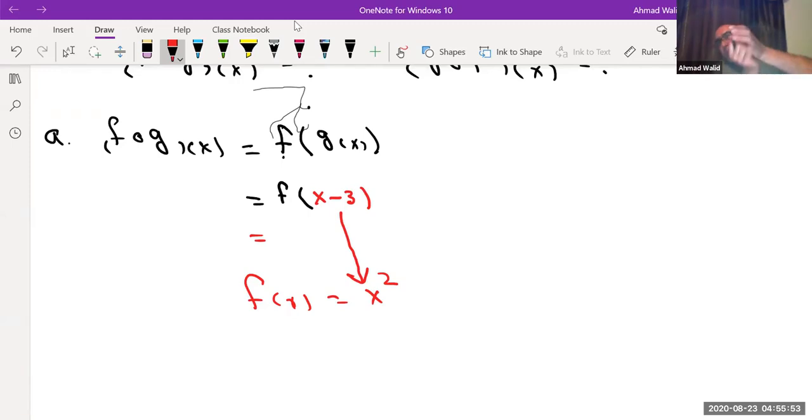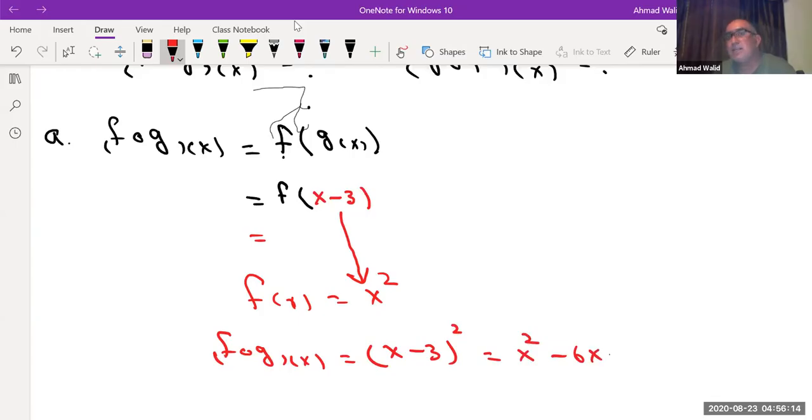The only place that you can plug in is in the variable of f, right? Then you can write f of g of x actually equals x minus 3 squared, which means x squared minus 6x plus 9. I will not show you how I found this answer. Everyone knows what x minus 3 squared is. That gives you x squared minus 6x plus what? Plus 9.